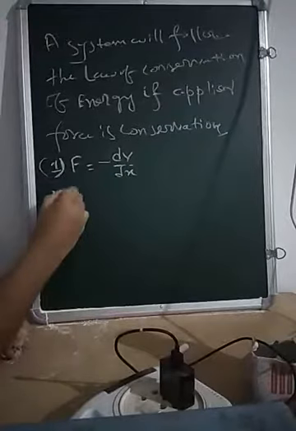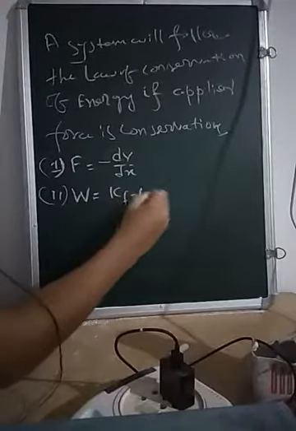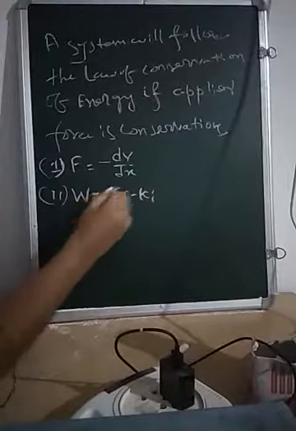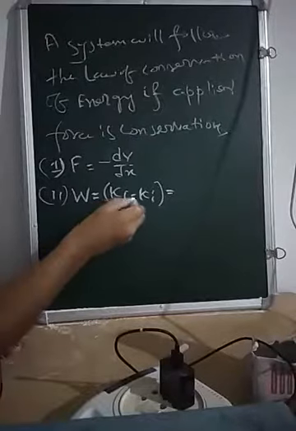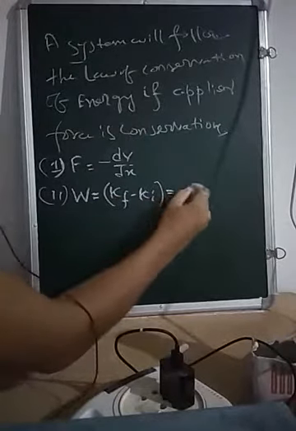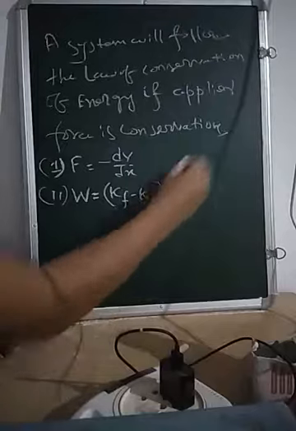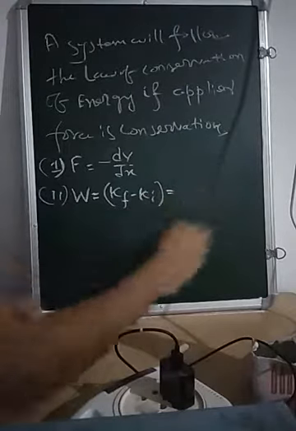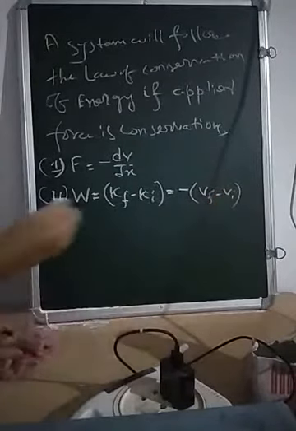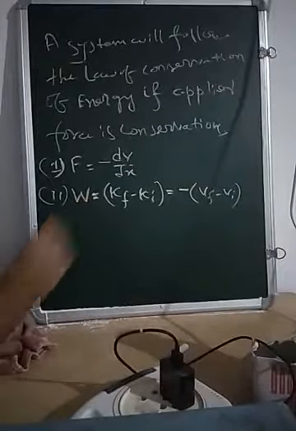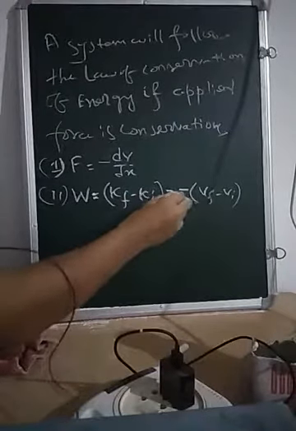Now the second thing we have concluded: the work done by the conservative force is the changing kinetic energy, that is, final kinetic energy minus initial kinetic energy, and the changing potential energy, that is, minus delta V, or minus (Vf minus Vi).